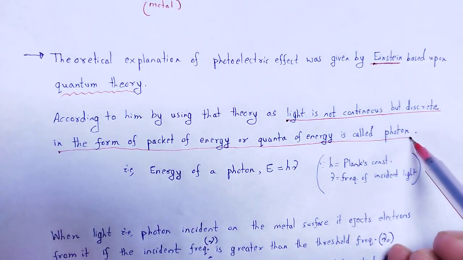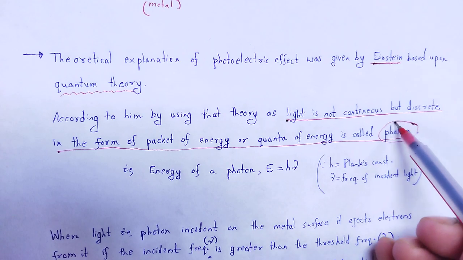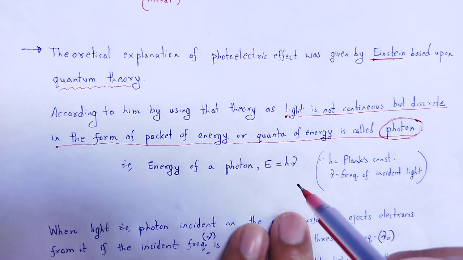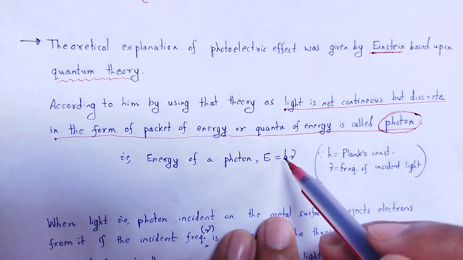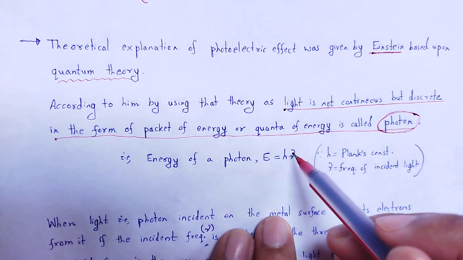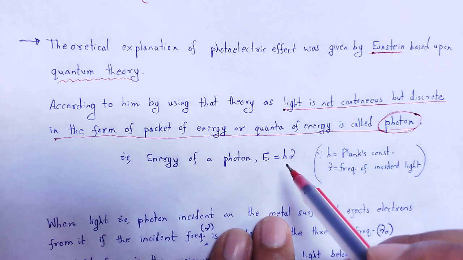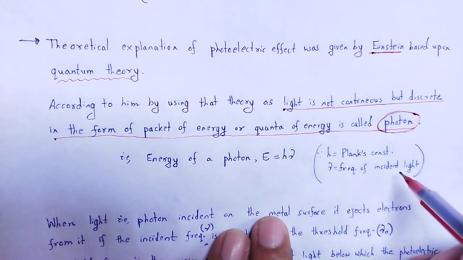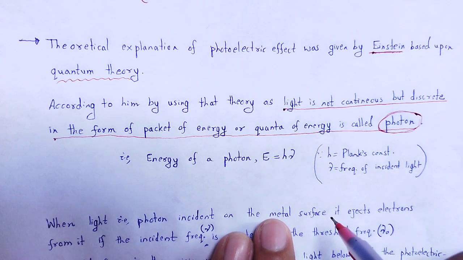That quantum of energy is our photon, and the energy of a photon is equal to h nu, where h is Planck's constant and nu is the frequency of the incident light.